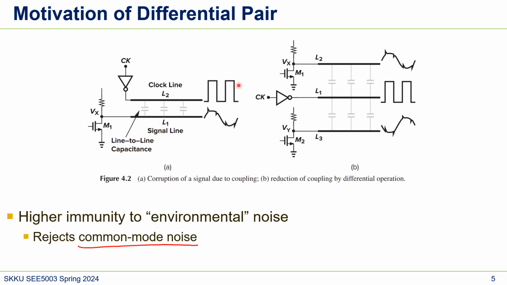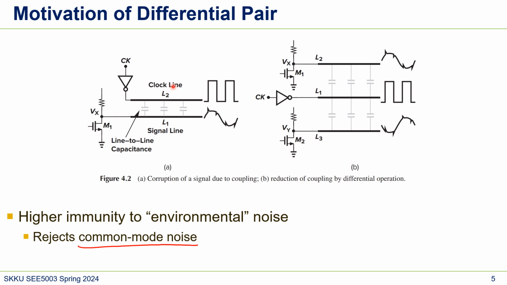For example, in this figure, let's say we have a common source amplifier, and we have the output here, Vx. But in the real chip, in the layout, there's other interference circuitry, like an aggressor, that can sit near this signal.